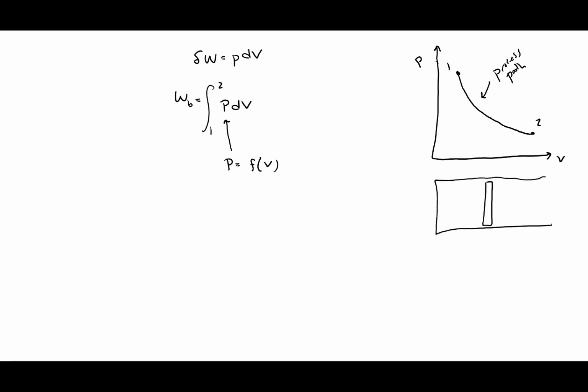So let's say we have a piston cylinder, and let's say that we're expanding the gas. And let's say that if we come down here, so this is V1, so that's going to be here, and then we have state 2, so here's V2, and that's going to be up here.